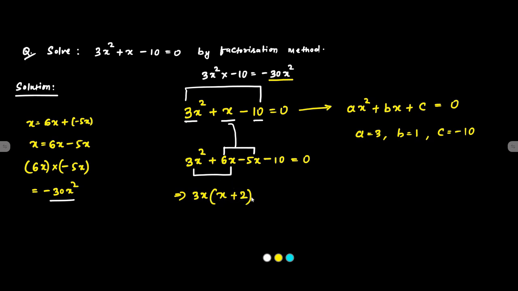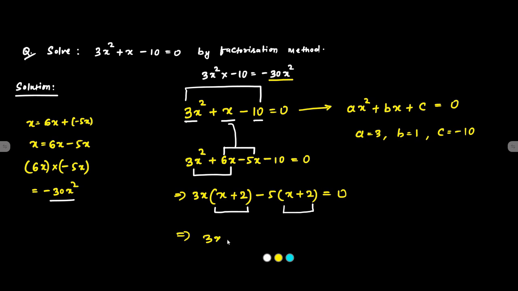So 3x into (x + 2) gives 3x² + 6x. Then −5 into (x + 2): −5 into x is −5x, −5 into +2 is −10. So you notice that (x + 2) is common in both the factorizations. Okay, so this is equal to 0.